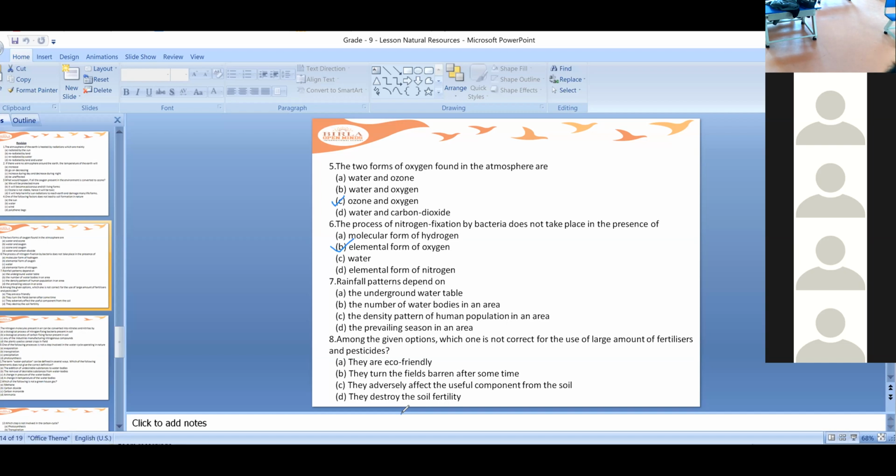Good, yes. Now coming to the eighth, among the given options, which one is not correct for the use of large amount of fertilizers and pesticides? They are eco-friendly. Are fertilizers and pesticides eco-friendly? Yes, ma'am, is this option correct?